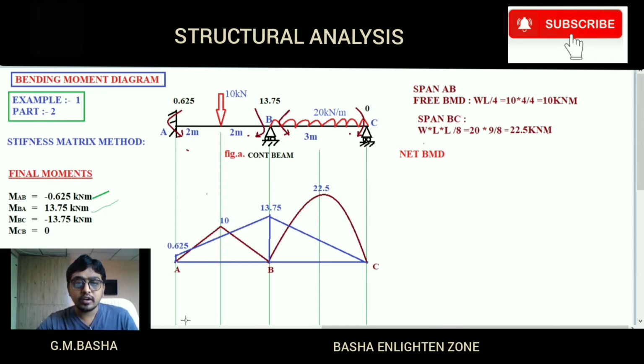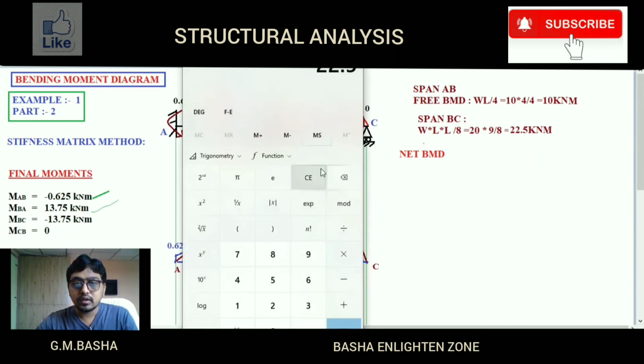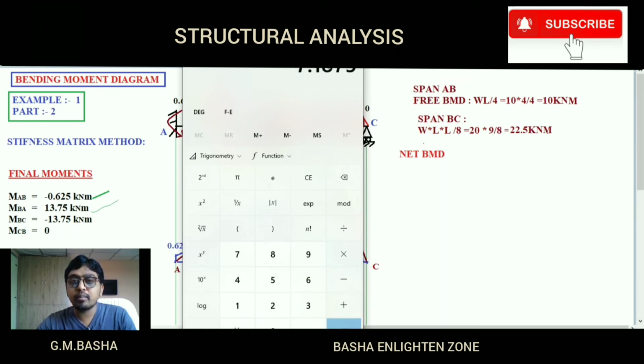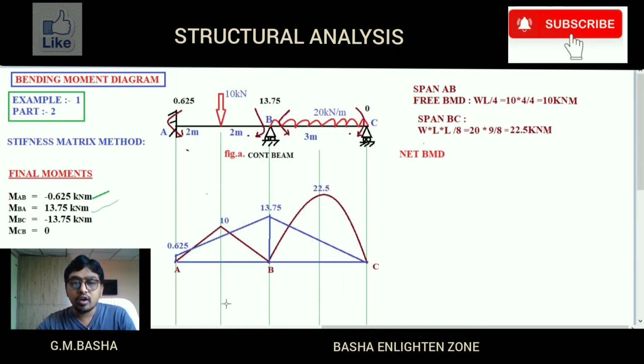So for this one, if you take 13.75 plus 0.625, that will be equal to 14.375 divided by 2, which is 7.18, or else I am taking here 7.2. So here will be 7.2.